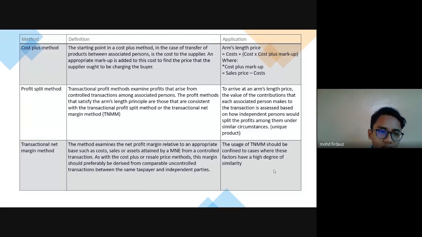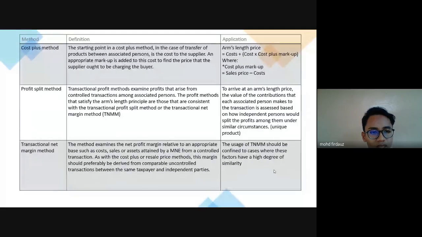The next one is the profit split method. For this method, the transaction profit is the main profit that arises from a controlled transaction among associated persons. The profit methods that satisfy the arm's length principle are those consistent with the transactional profit split method or the transactional net profit margin method.